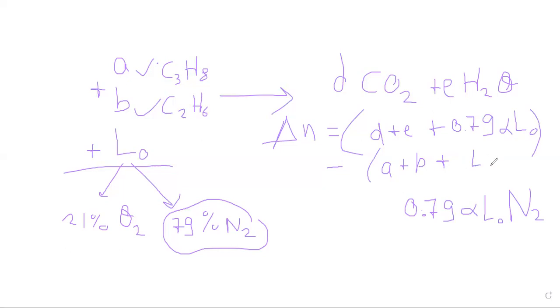In case you get a positive result, then the number of kilomole will increase during combustion. And you can determine the increase in volume by just saying that each kilomole is occupying 22.4 meter cube. So delta V is equal to delta N times 22.4.